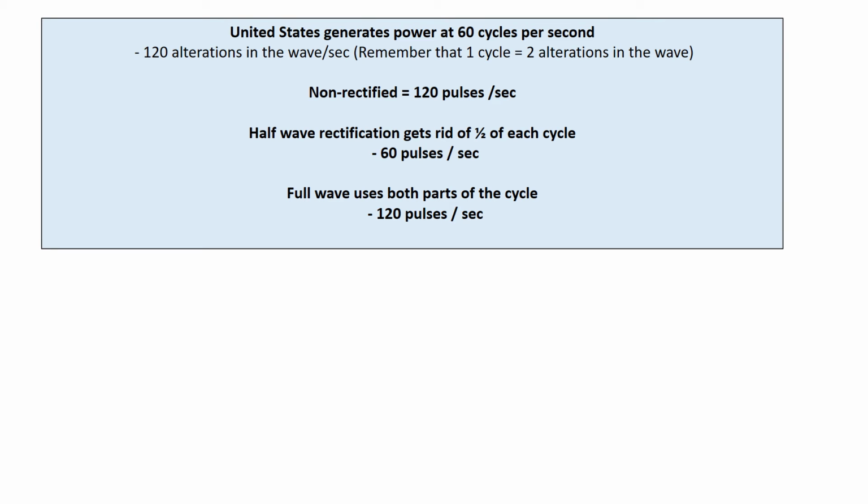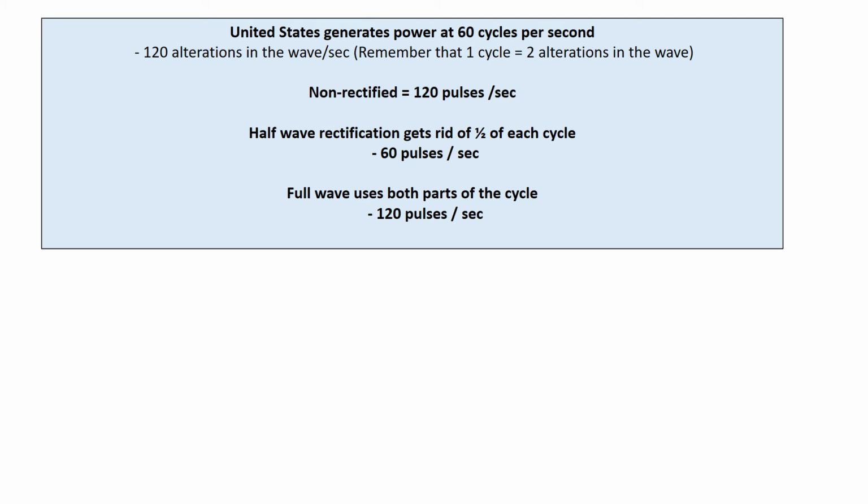Now, in the United States, we generate power at 60 cycles per second. Well, we have to remember, what is a cycle? Two alternations in a wave. So with 60 cycles per second, we've got 120 alternations in the wave per second, right? Because 60 times 2 is 120.